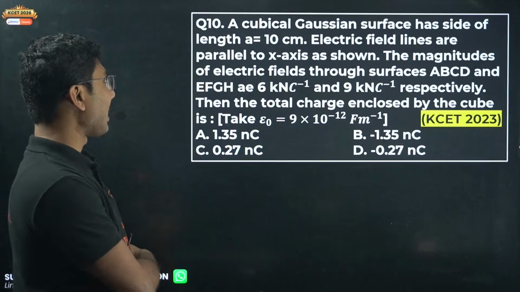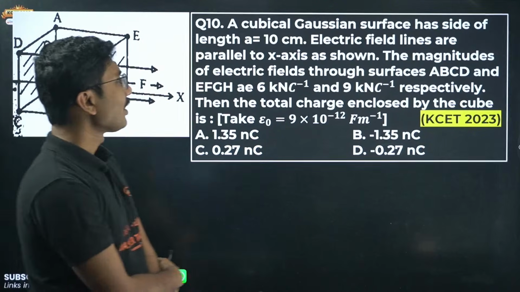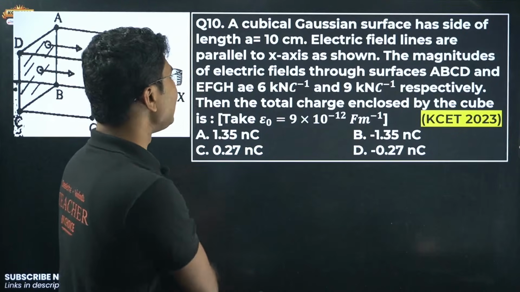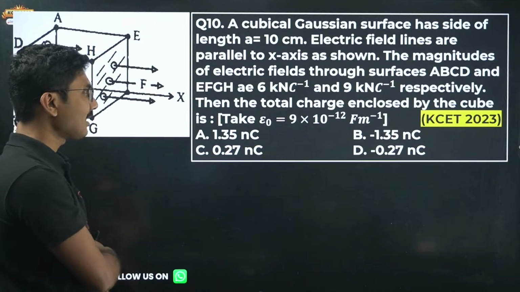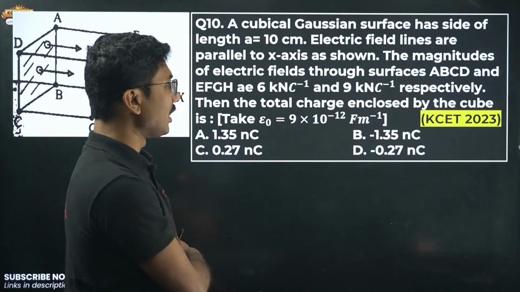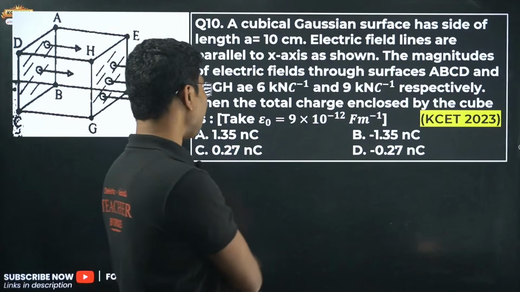Electric field lines are parallel to the x-axis, as you can see in this question. The magnitudes of the electric field through surfaces ABCD and EFGH are 6 kilonewton per coulomb and 9 kilonewton per coulomb respectively. Then the total charge enclosed by the cube is.